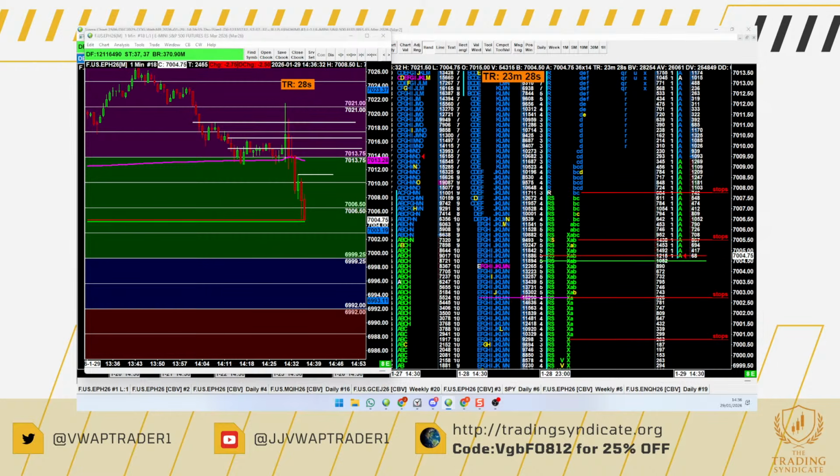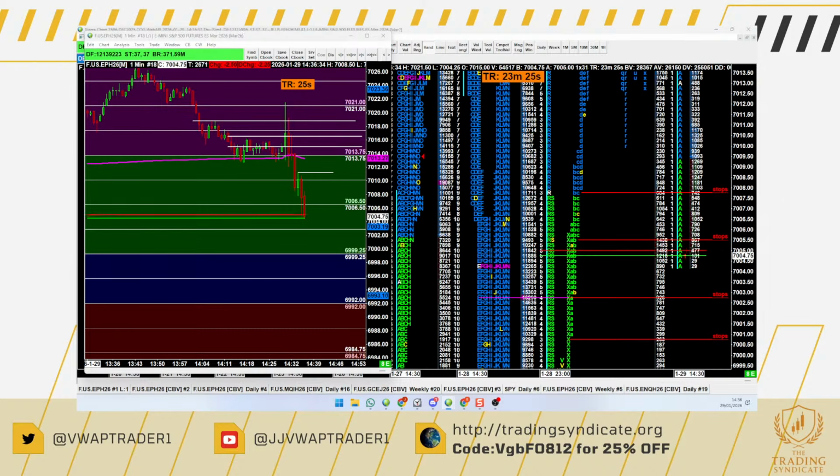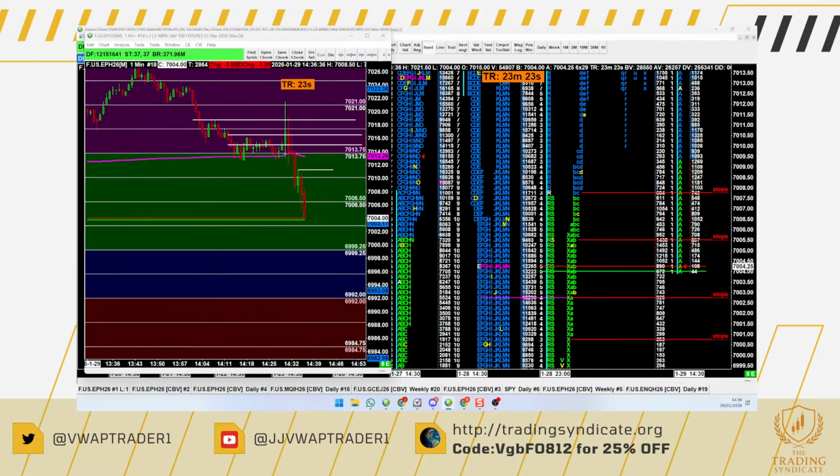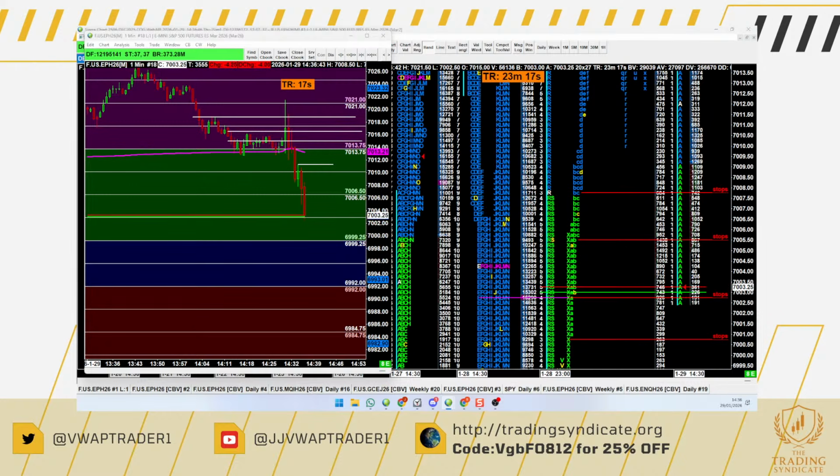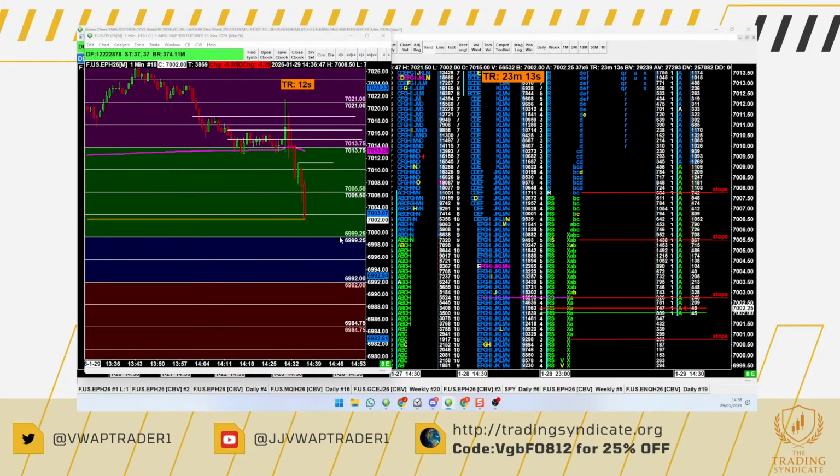Next candle. Make sure you have your bids in. Short 5 1/4, covered 7 3/4. Just on a couple. We are looking for down here.